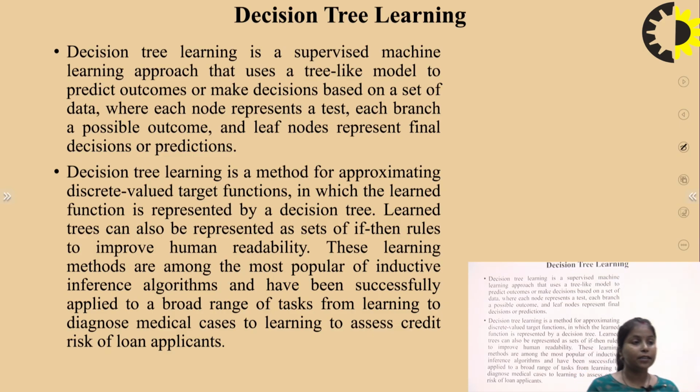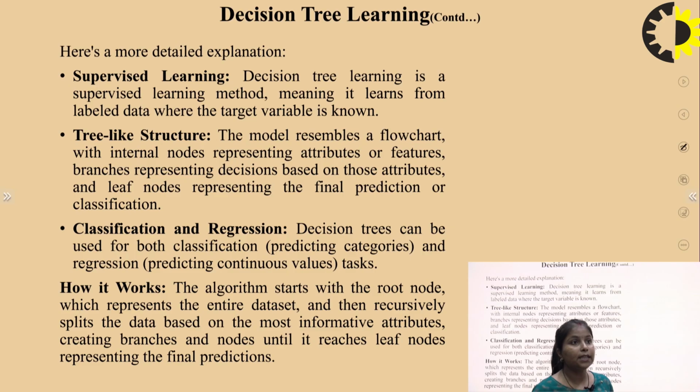These learning methods are among the most popular inductive inference algorithms and have been successfully applied to a broad range of tasks, from diagnosing medical cases to assessing credit risk of loan applicants.